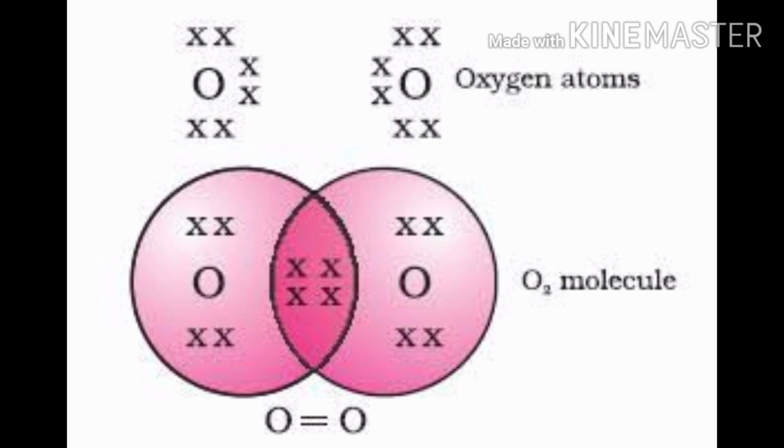So, each oxygen atom shares 2 electrons with another oxygen atom to give an oxygen molecule. When 2 electron pairs are shared, the resulting covalent bond is said to be a double covalent bond or double bond, and it is represented as 2 lines between the 2 atoms.